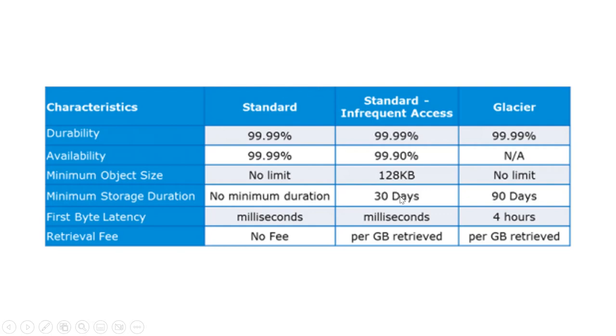And from infrequent access, after 90 days, you can move objects to Glacier. This is the minimum time required for moving objects from one class to another. We can define rules to move objects automatically between classes: at least 30 days, then move to infrequent access, and after 90 days, move to Glacier.